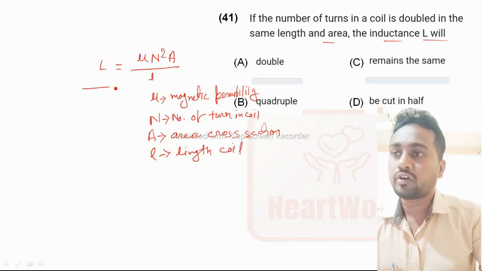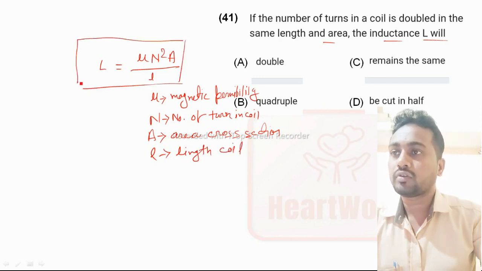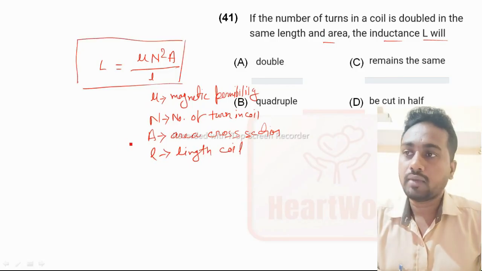So this is the formula for inductance: L equals mu n squared A by l.